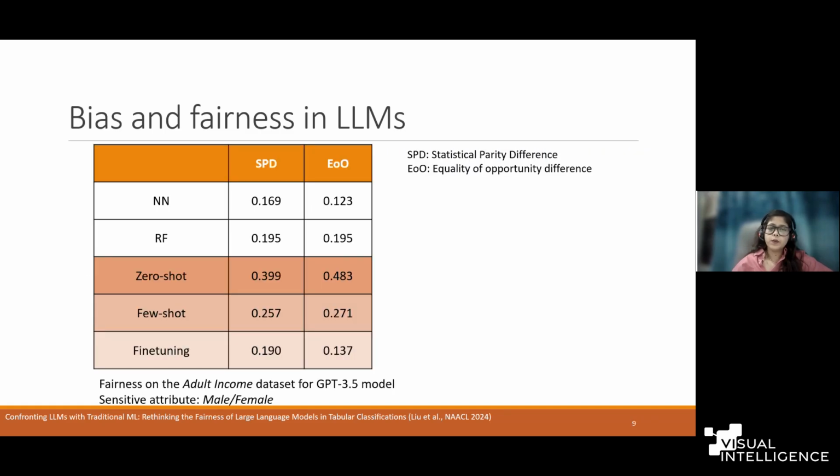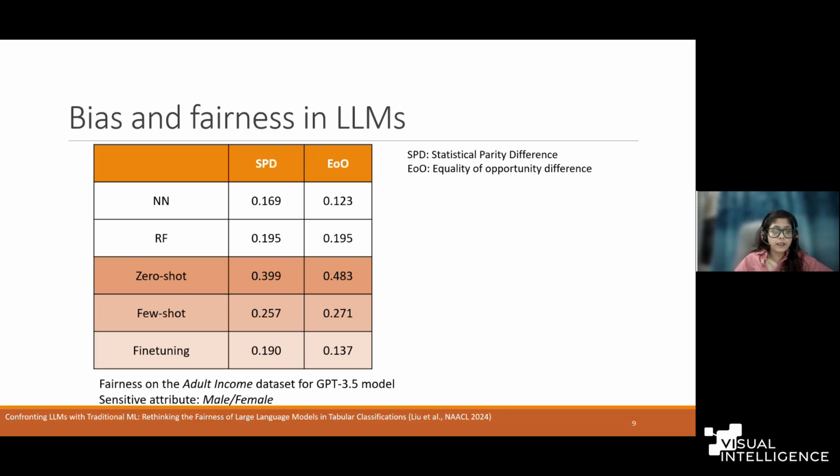And the results looked something like this. The two metrics used here are statistical parity difference and equality of opportunity difference. These were standard fairness metrics that were being used in many other research works also. And the lower the value of these metrics, the better the fairness of the models.